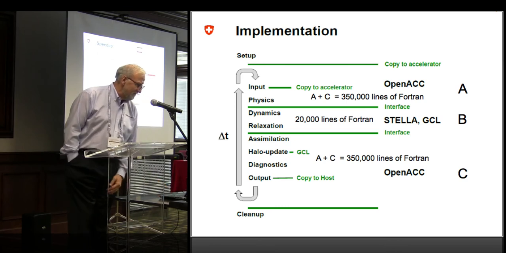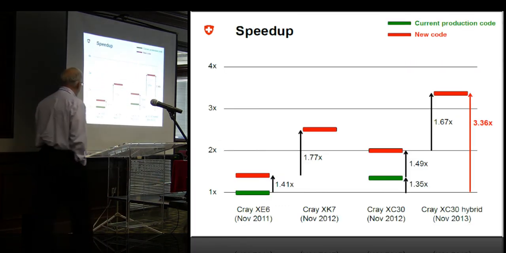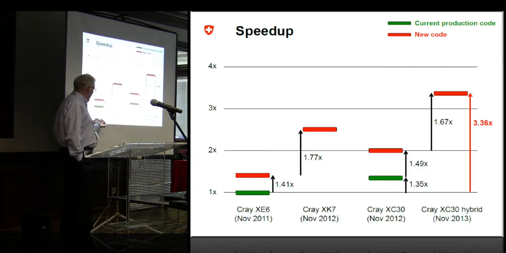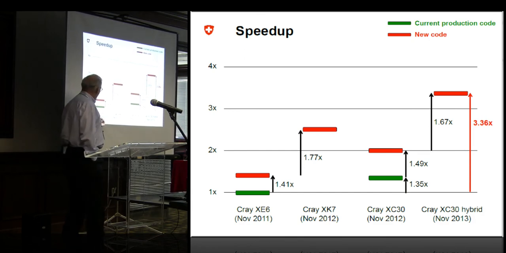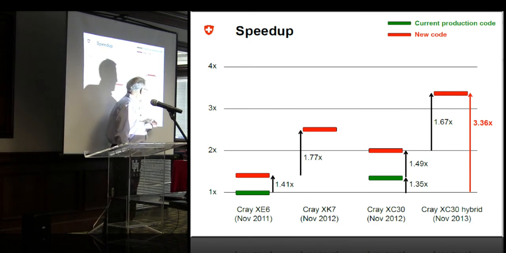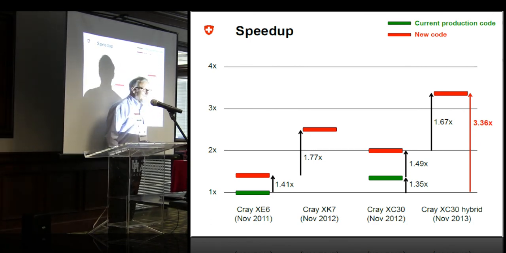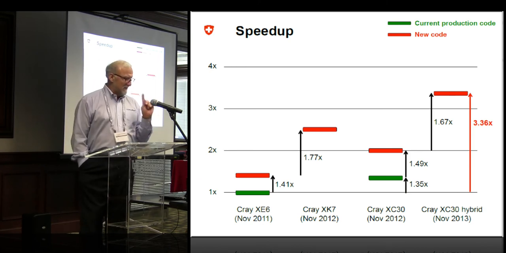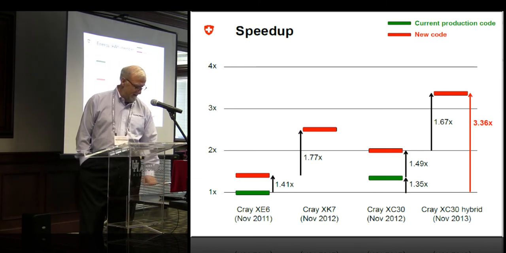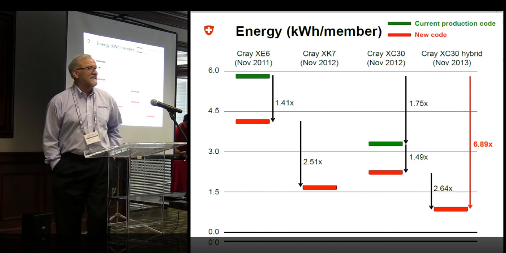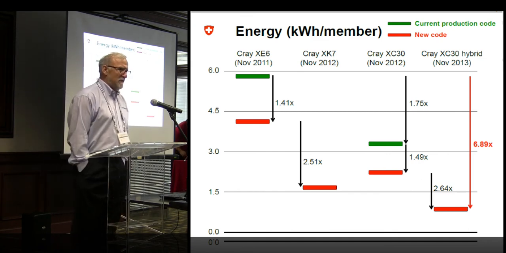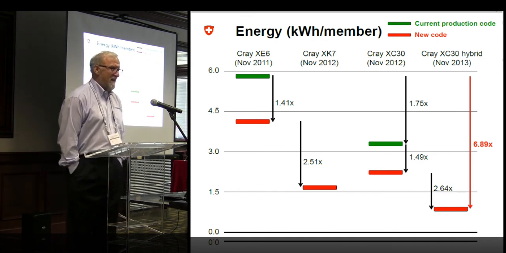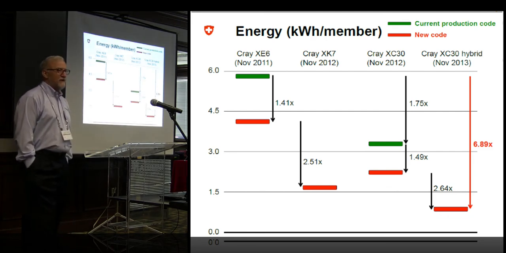Now, the cool thing, this was back in November 2011 on an XE6. From there, they got a factor of 3.36 performance. But the cool thing is they got a factor of 7 in power savings. This code runs every day.